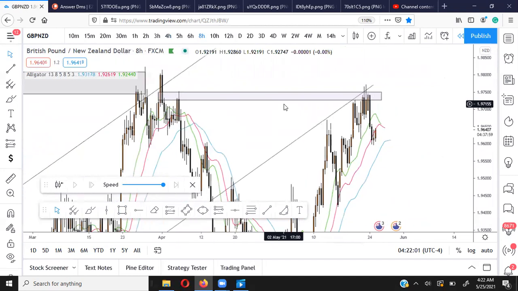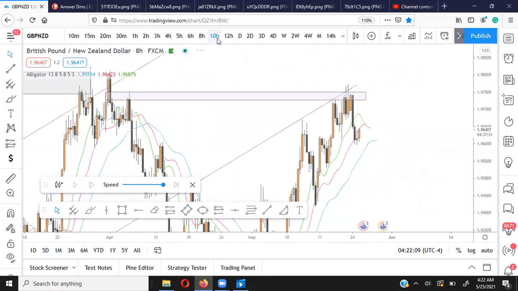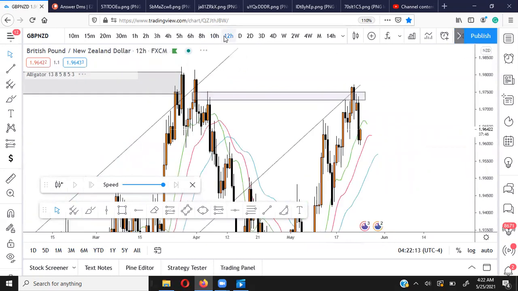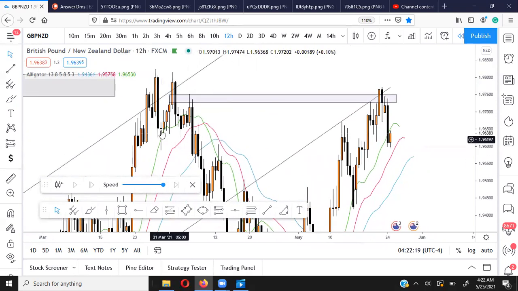But if you had any questions about where's the right IPO, just trying to minimize the number of sell candles there and find the right IPO. So for example, go to 10 hours, you would have seen it there. The 12, even the 12 hours would have been here if you followed the rules.